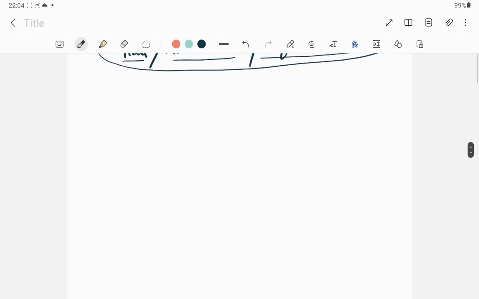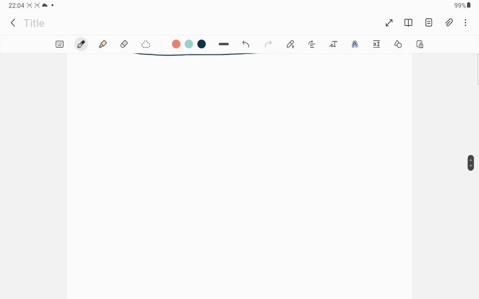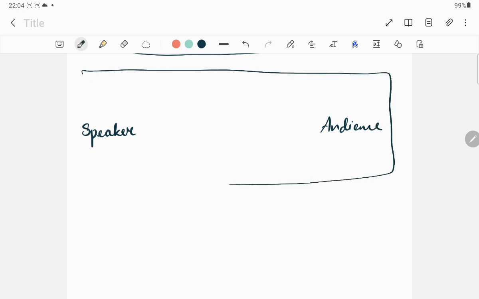So all of us know that whenever we are inside this kind of halls, auditoriums or conference rooms, we have a speaker, okay, and we have an audience. And whenever we talk about halls, auditoriums and conference rooms, we are basically inside an enclosure. The enclosure size may vary, and in addition to that we have different kinds of objects inside the hall.